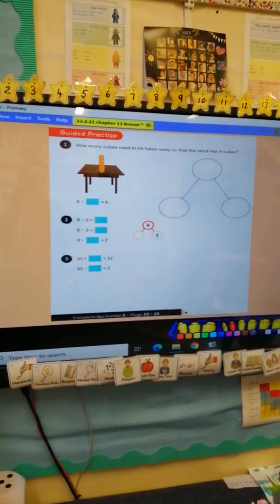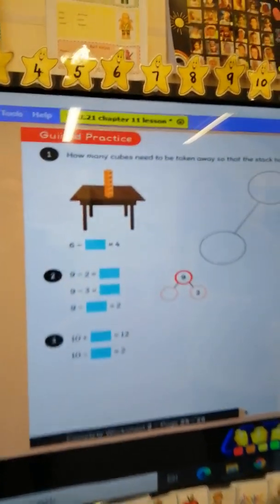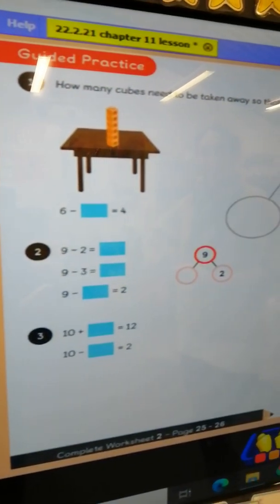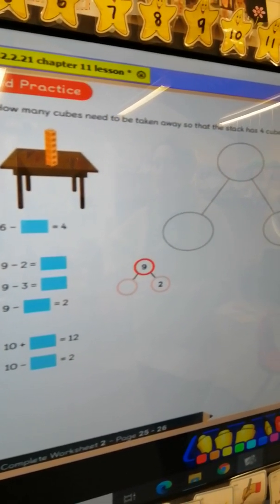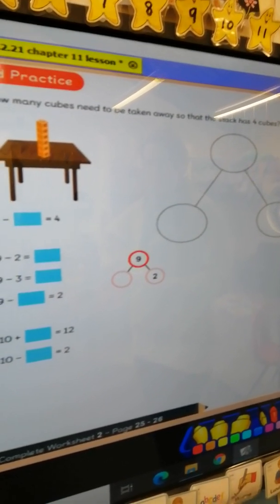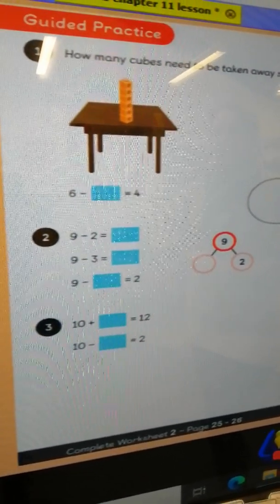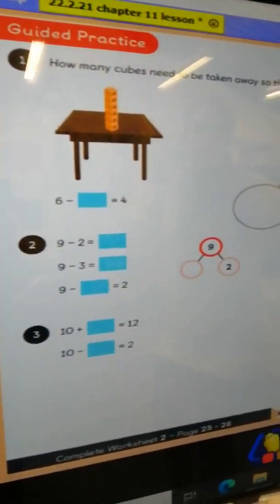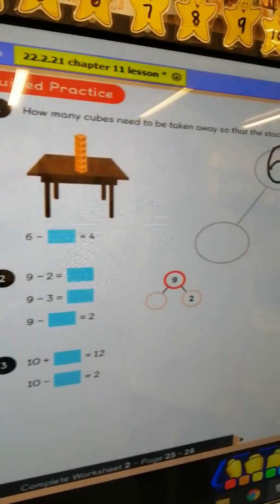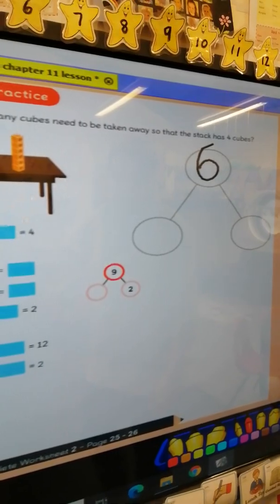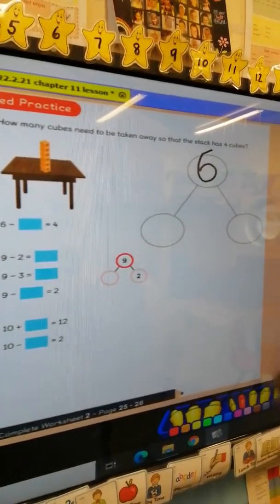Right, okay. These ones are missing number problems. It says how many cubes need to be taken away so that the stack is just left with 4. Remember, this time we're starting with the biggest number. So our whole number is 6. You can represent that with your straws. 6 straws.